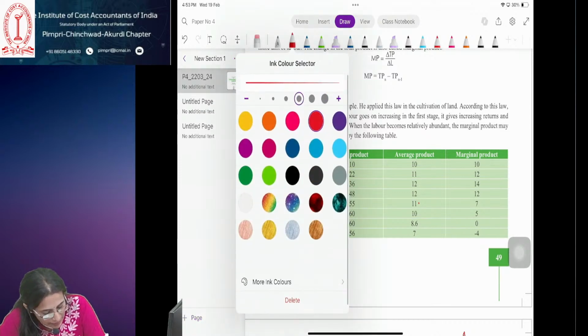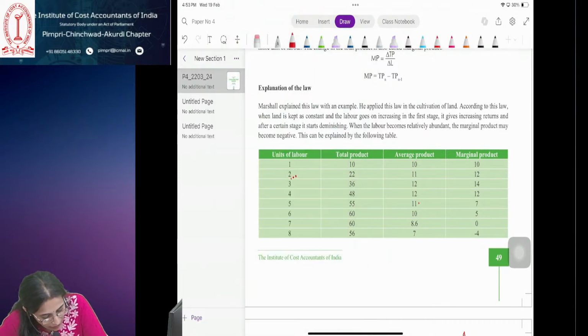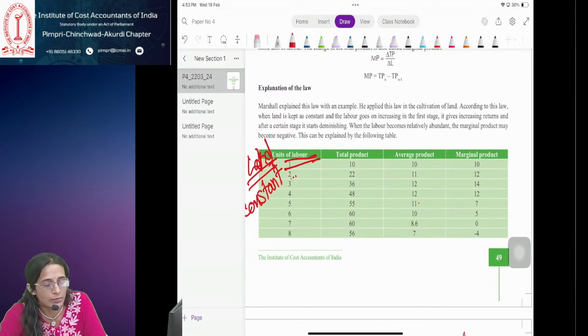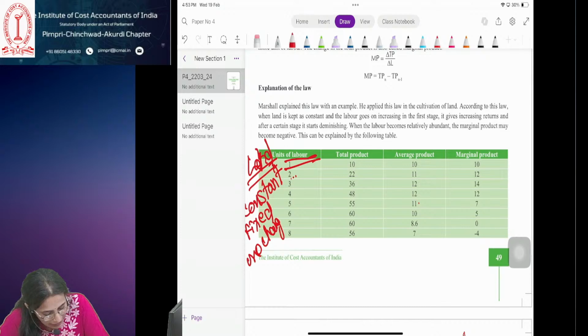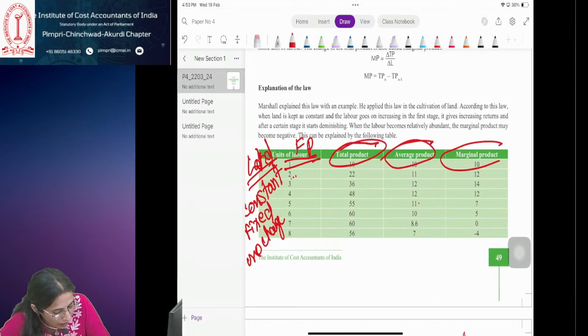See what it is. There are two factors: land and labor. Land is constant. We are discussing the law of variable proportion. Land is constant, that is fixed. There is no change in the land, and there are changes in labor. We will see what impact this factor of production brings on total product, average product, and marginal product.